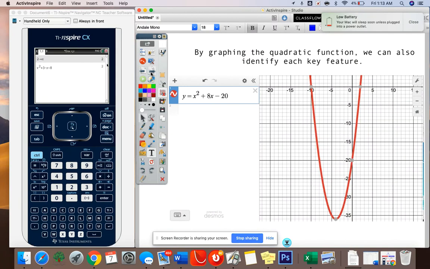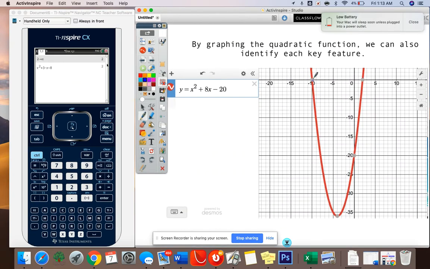Once you've graphed an equation, so if instead of breaking that down algebraically, I took my equation and graphed it, we can identify those key features on the graph. We know that when we look at the x-axis, these 2 points would be our x-intercepts, which we just found to be 2, 0 and -10, 0.